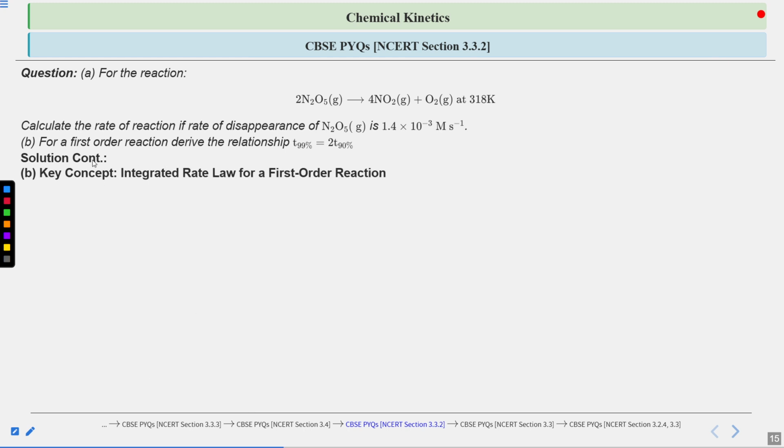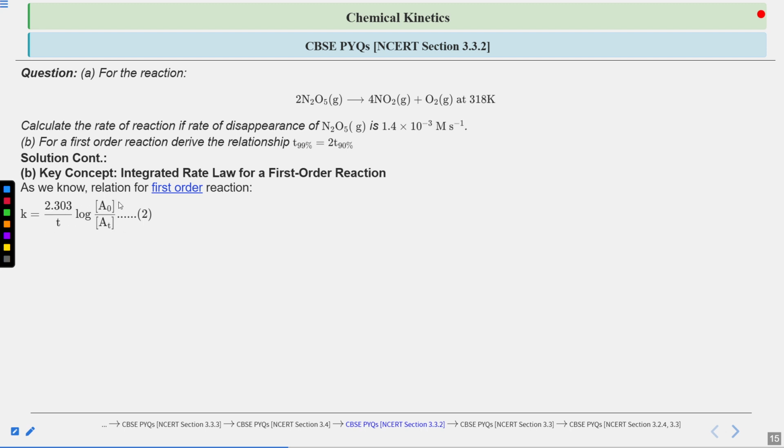So what part B is asking is that for a first order reaction you have to derive the relationship T of 99% is equal to twice T of 90%. The key concept we will use here is the integrated rate law for a first order reaction, which we have also covered in the theory part. As we know, the relation for a first order reaction is k is equal to 2.303 by t log of A naught upon At.